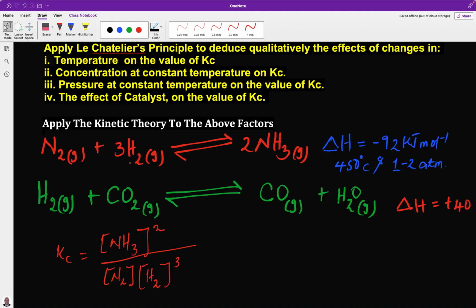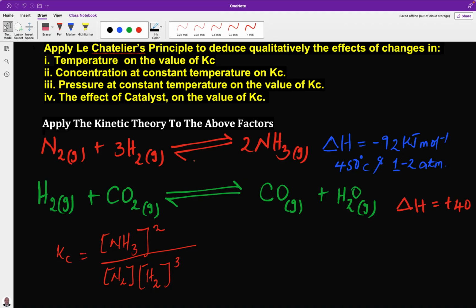Equilibrium will shift to the right to do what? To decrease the hydrogen for the formation of more ammonia, thereby establishing a new equilibrium. Once more, if we increase the concentration of nitrogen or hydrogen, the equilibrium is no longer there.